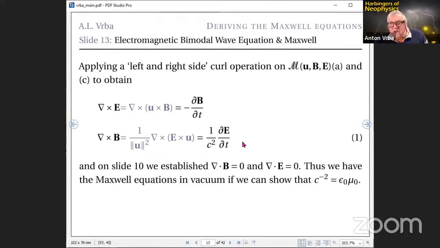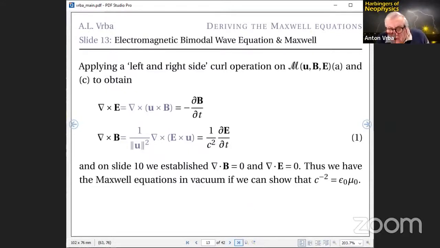And these are the Maxwell equations if we can prove that 1 over c squared is equal to epsilon 0 mu 0. But basically, I now have shown how those three simple algebraic equations have given us the Maxwell equations.